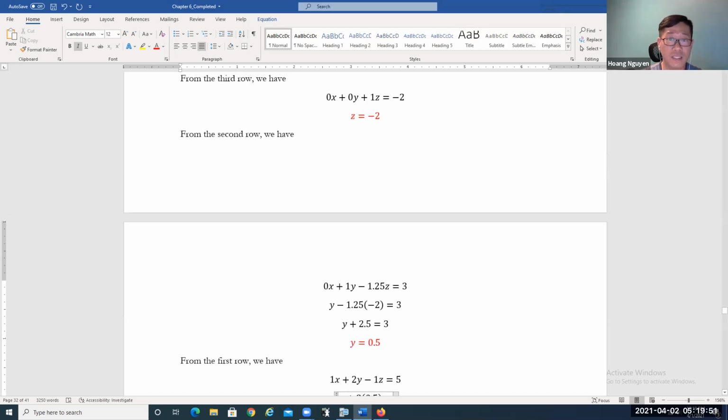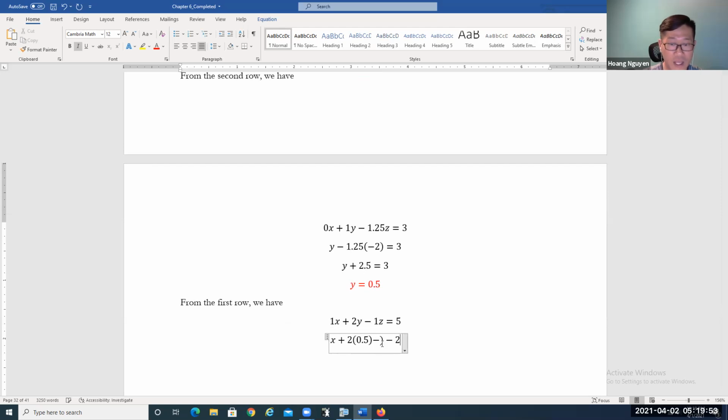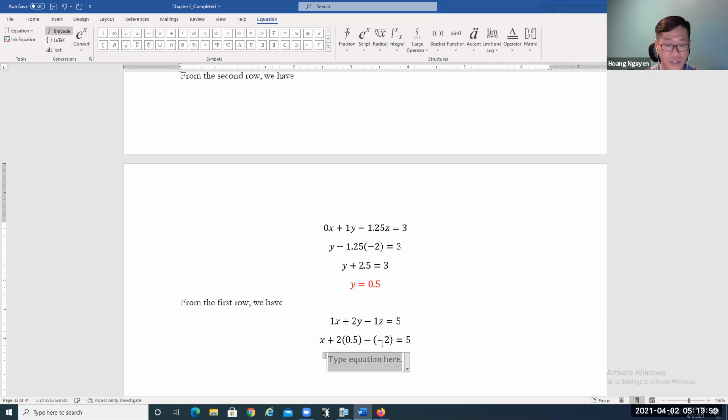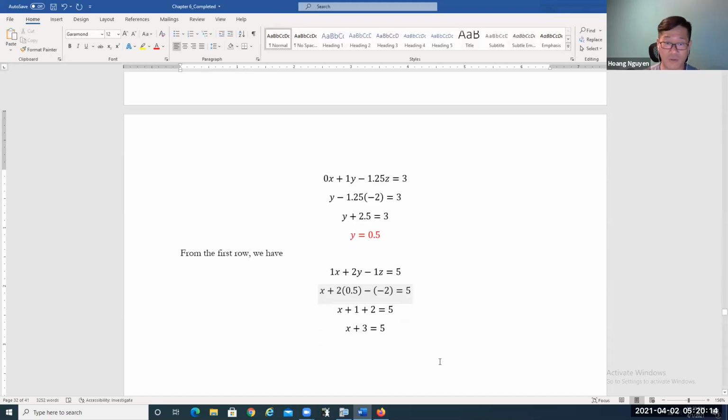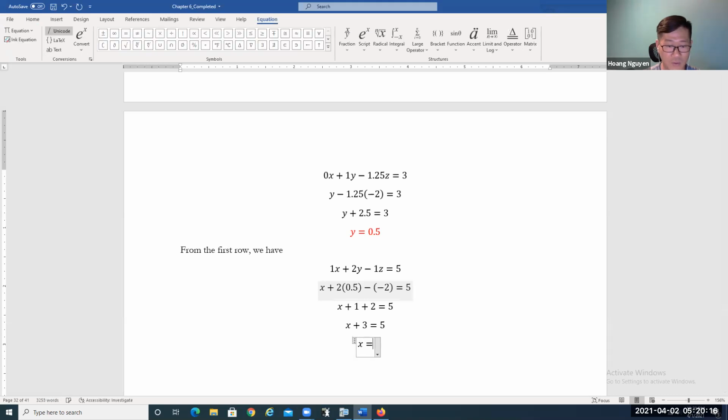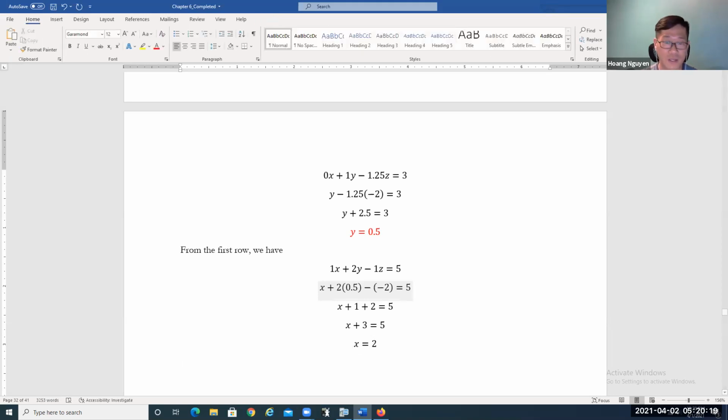And what is z? z is equal to -2, minus a -2, equal to 5. Okay, so x plus 2 times 0.5 gives you 1, minus a -2 becomes plus 2, equal to 5. Now x plus 3 equal to 5. And now we subtract 3 from both sides, right? So we have x equal to 2.